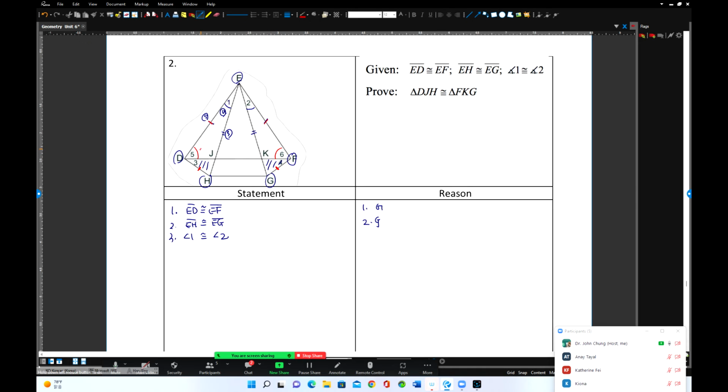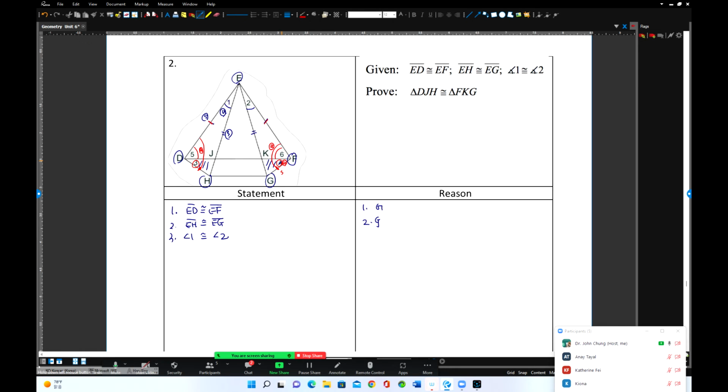This opposite side is also congruent. And also these two angles are corresponding angles. Using CPCTC, they are congruent. So using subtraction, you find what? 3 and 4. Now we've got another angle there. So we've got one side, one angle over here. Where is the next one?